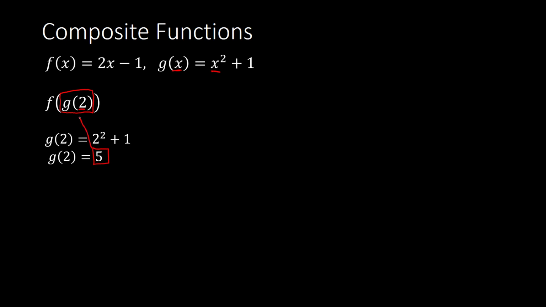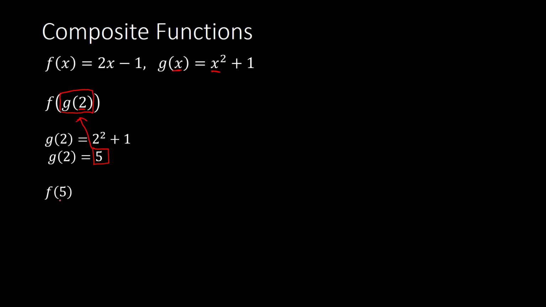So we're going to plug this 5 in place of that entire expression with a g of 2. So instead of f of g of 2, I'm going to now say f of 5. And I do the same thing again. What is f of 5? Well, I look at now the f function because we have an f of 5.